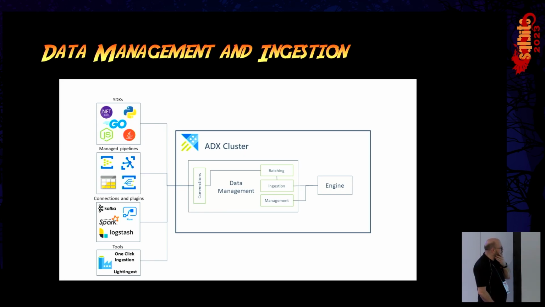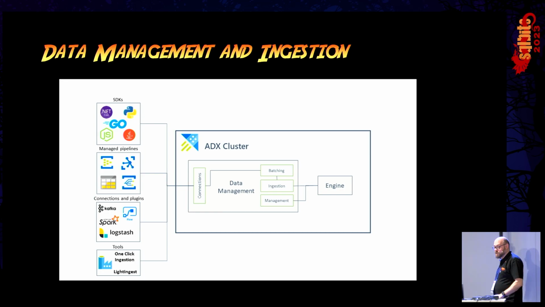And the connectors and plugins can be used for Kafka, for Spark, for Logstash, or for Microsoft Flow. So you can even ingest data into Azure Data Explorer through Microsoft Flow. And on the other hand, you could use a tool like, for example, a one-click ingestion through Azure Data Factory or LightIngest.